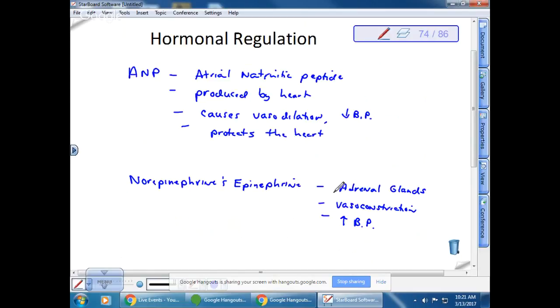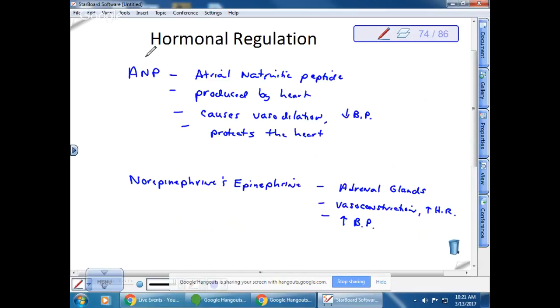Okay. They also cause an increase in heart rate, so I'll put that. So these increase heart rate. And we'll actually talk about in a little bit what happens when you go into shock, specifically shock that is caused by a drop in blood pressure, vascular shock, and how you can use epinephrine to constrict the blood vessels and boost the blood pressure. We'll talk about that in a second.